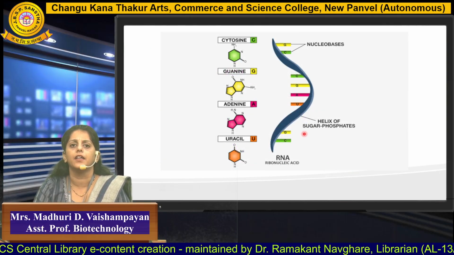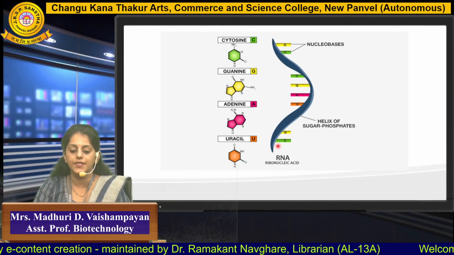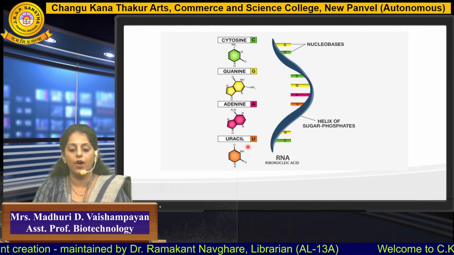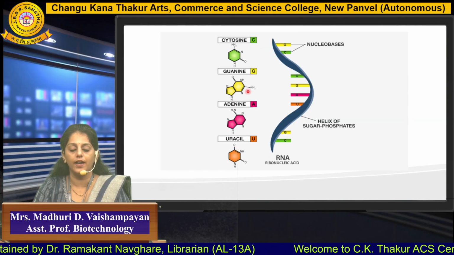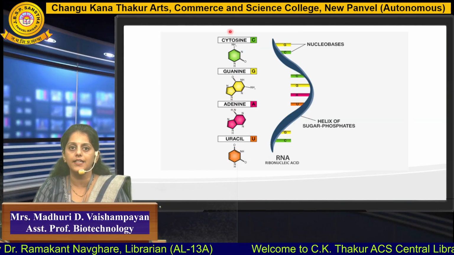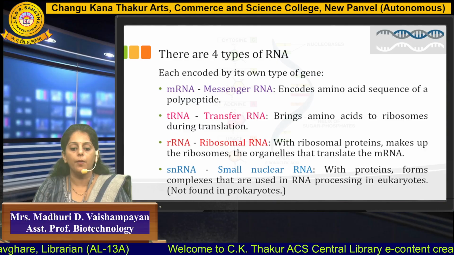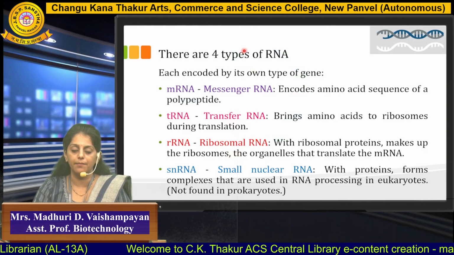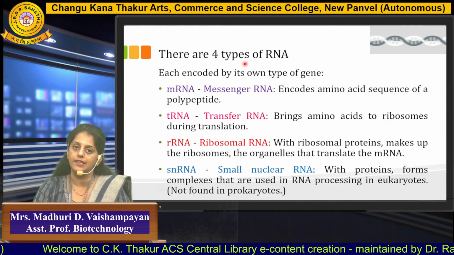This is the diagrammatic representation of your RNA molecule. This is your single stranded structure. This is uracil with a single ring structure, adenine and guanine with a double ring structure, and again cytosine having a single ring structure. Complementary base pairing will remain the same. A will pair with U and G will pair with C.